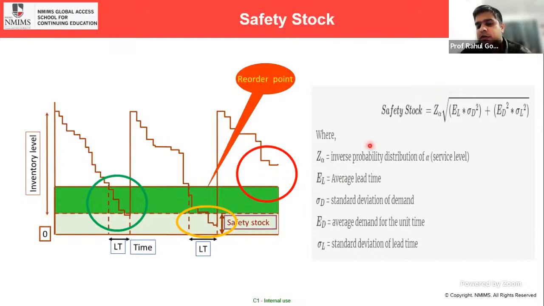which is the inverse probability distribution of alpha. This alpha is nothing but the service level, and this factor can be found by looking at a probability distribution table. And if you look at this formula, it is a square root of the sum of two calculated numbers. Your first figure is average lead time into standard deviation in demand, which is variability in demand.